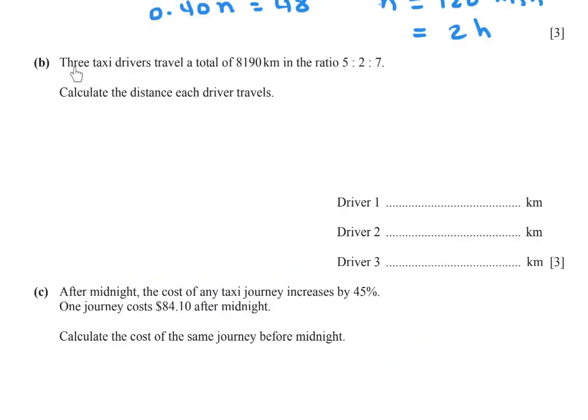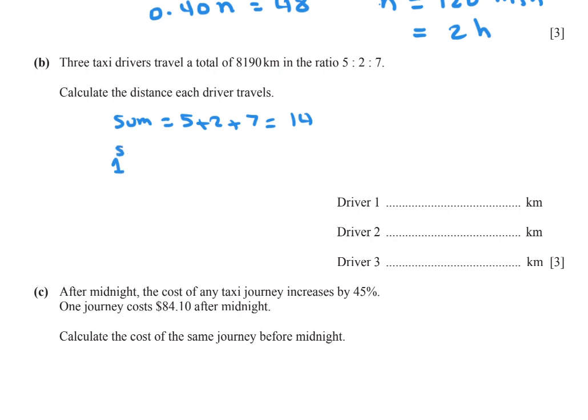B. 3 taxi drivers travel a total of 8,190 kilometers in the ratio 5:2:7. Calculate the distance each driver travels. We can use a cross multiply method, or we can add the parts. Sum of parts equals 5 plus 2 plus 7, equal 14 parts.